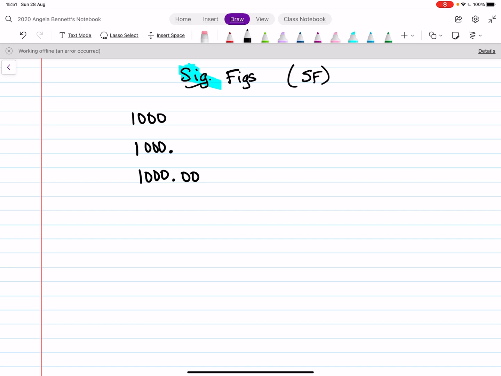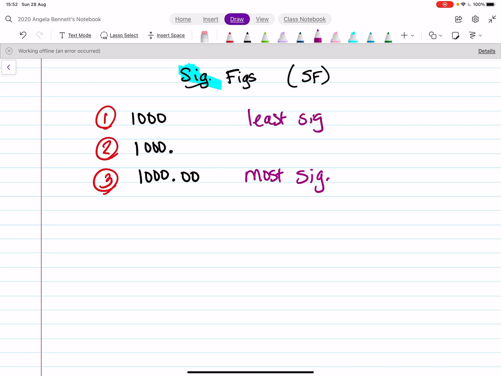I ask students to rank them. Who is the most significant? 1, 2, or 3. So we'll number them. Number 1, number 2, number 3. And which number would be the least significant? Then typically most students will tell me that number 3 is the most significant, and number 1 is the least significant. And you are correct.